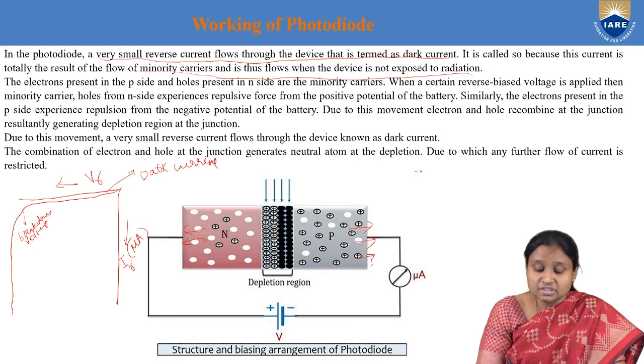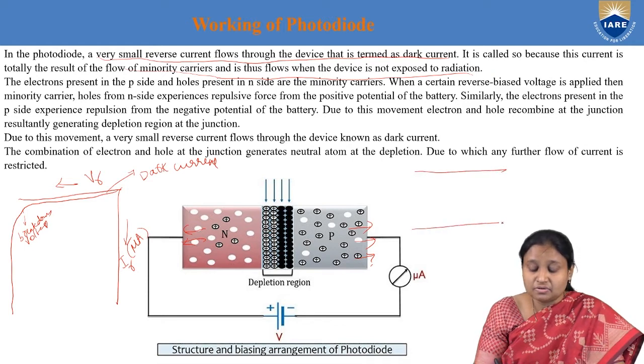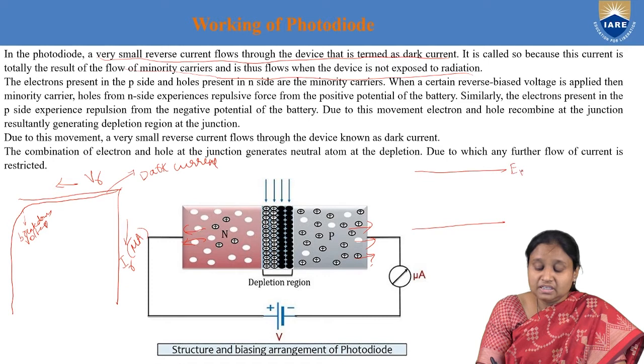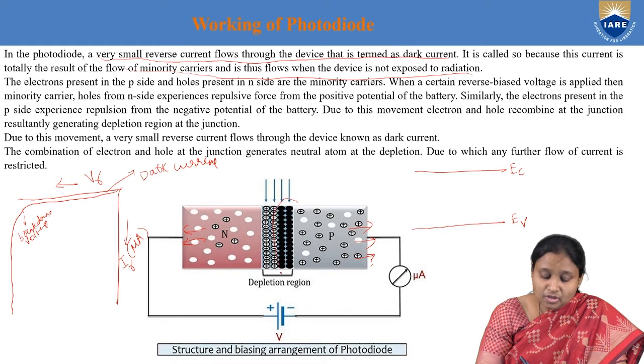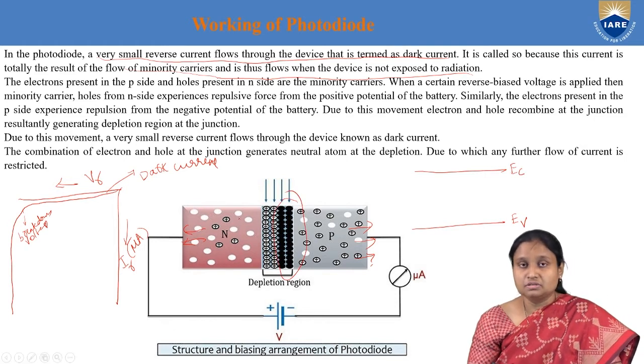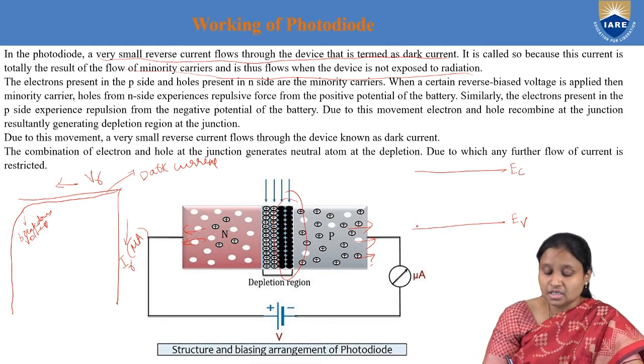First, when I talk about these immobile electrons, suppose we try to explain in terms of their energy level diagram. Suppose I'm talking only about these immobile electrons. What do we mean by immobile electrons?